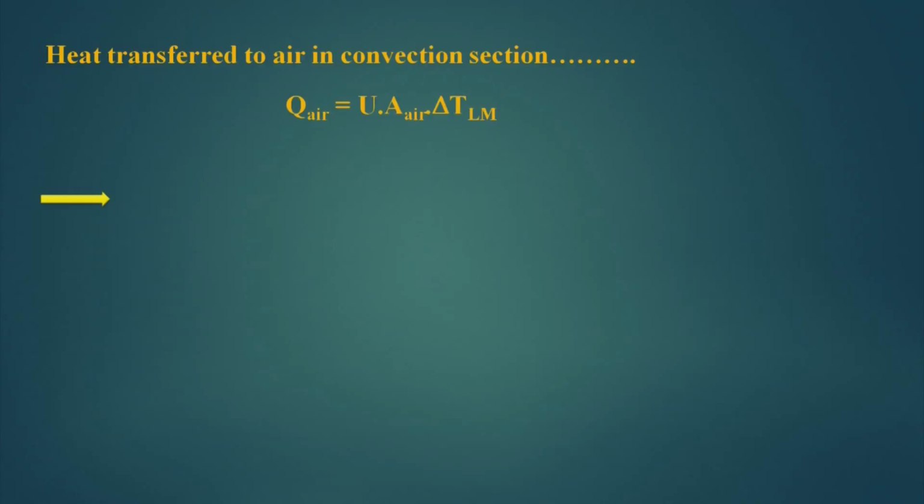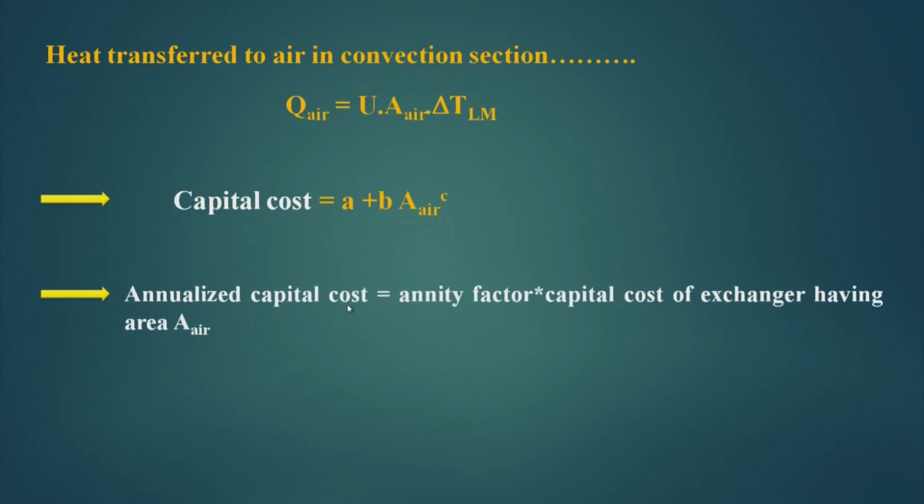Now, if you see the heat transfer to the air in the convection section, we can write Q air equal to U into A air into delta T log mean temperature. The capital cost of the heat exchanger, which has area A air, can be computed by this equation: A plus B into A air to the power C, where A air is the area of the heat exchanger heating the air. Now, the annualized capital cost equals the annuity factor into the capital cost of the heat exchanger having area A air.